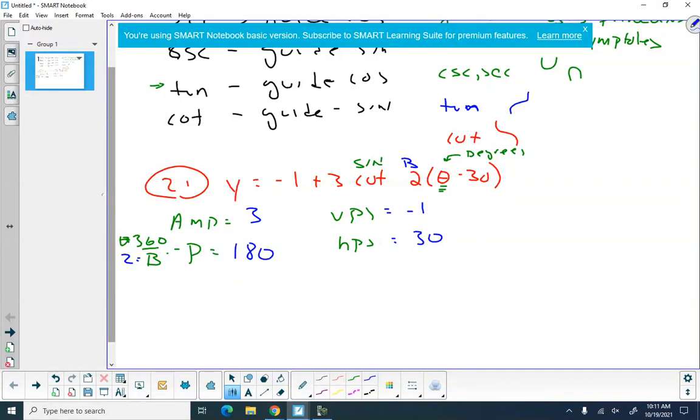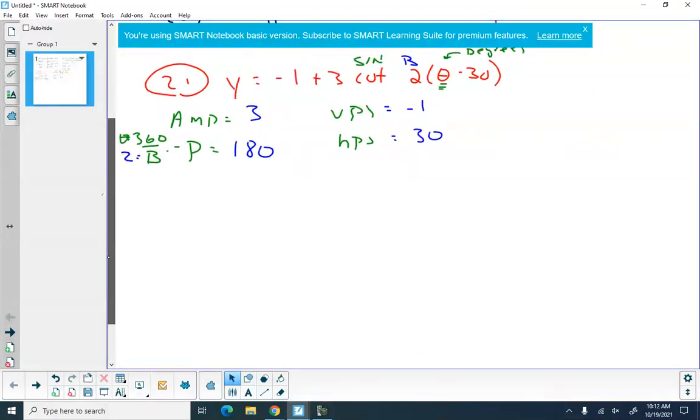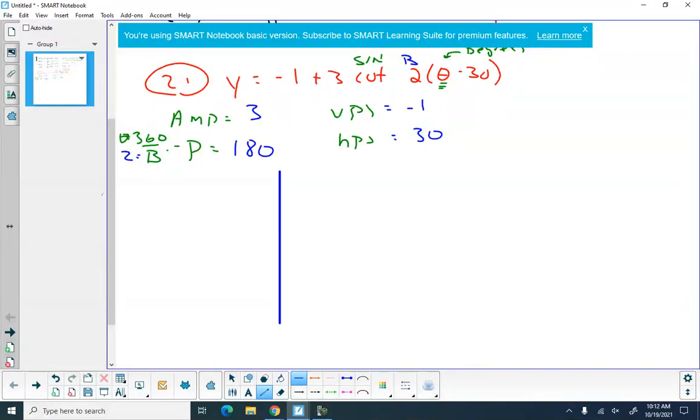Okay, what's our vertical phase shift? What's being subtracted? So we go to our graph now. We have a vertical phase shift of -1 and an amplitude of 3. We don't really have to shift too much off of our axes.